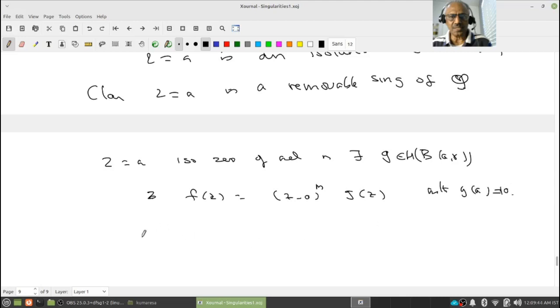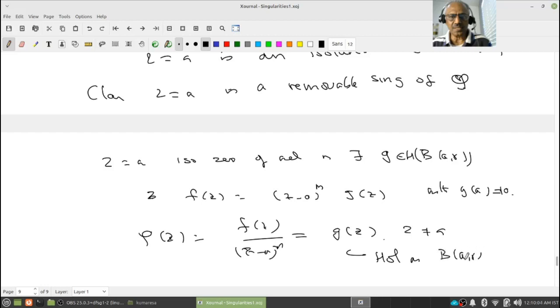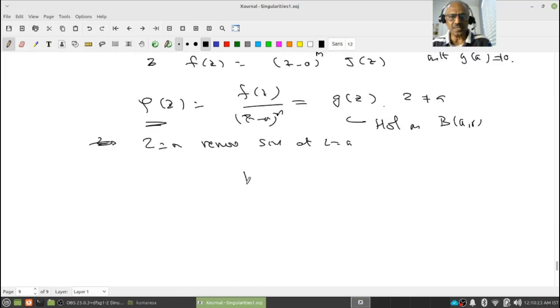Therefore my phi(z) = f(z) / (z - a)^m is nothing other than g(z) for z not equal to a. But this is holomorphic on B-bar. Therefore phi can be extended to a holomorphic function on all of B-bar. Therefore phi has a removable singularity at z = a. Is that clear? Pause, review, proceed.